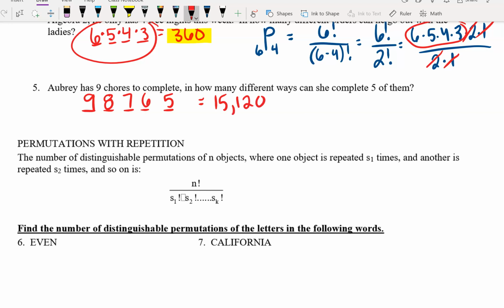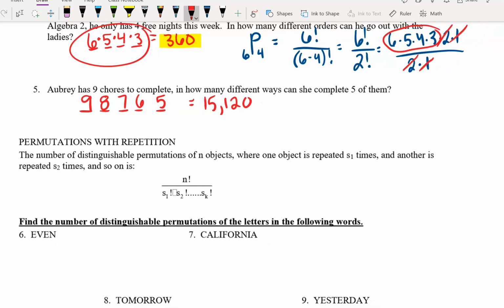I got 15,120. Now, we could get the same thing if we treated this like a permutation. Our n is going to be 9, and then our subset is 5. So this can be 9 factorial over 9 minus 5 factorial. So 9 minus 5 is 4 factorial.